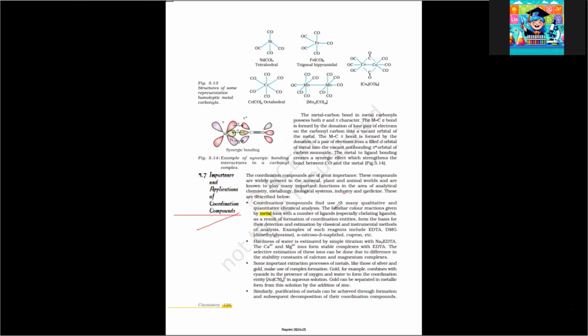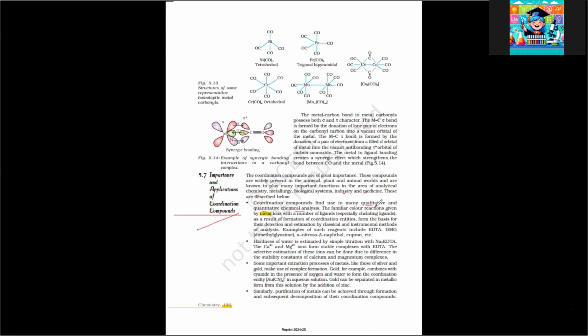First is the application of these compounds in qualitative as well as quantitative chemical analysis. What is chemical analysis? Chemical analysis is the testing of the presence or amount of chemical compounds that are present in a sample.